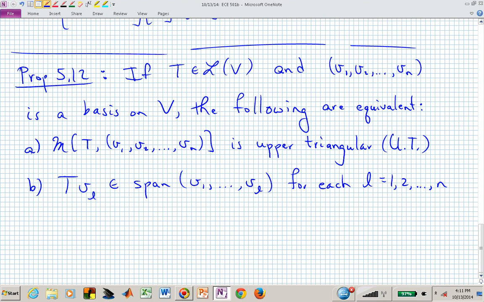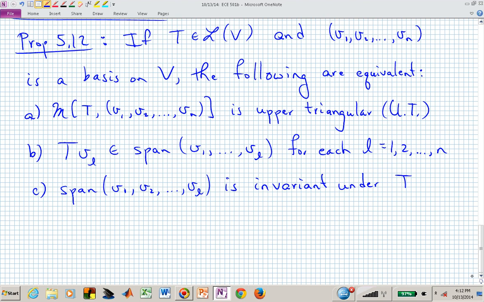The final statement is that the span of v1, v2 up to v sub L is invariant under this linear map T for each L, where L could be 1. This is now this expanding invariance scenario that we just illustrated with the previous example.